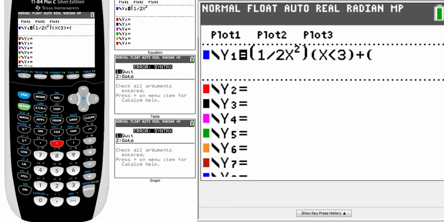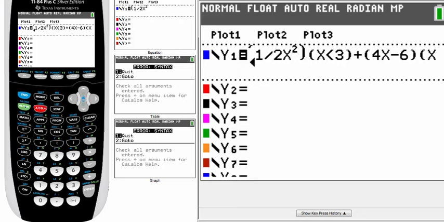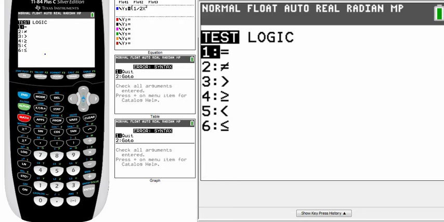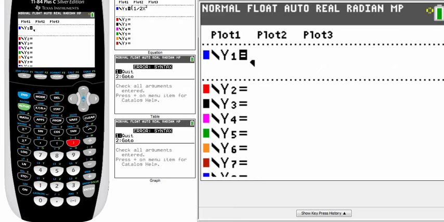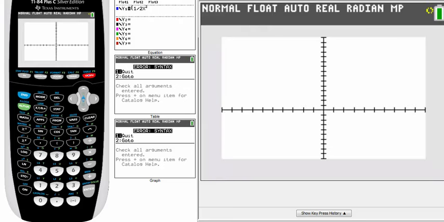Plus the other piece of my piecewise function was 4x minus 6, and of course that will be in parentheses, close parenthesis. Then I have x greater than or equal to 3. So x, second test, greater than or equal to is case 4, 3, and then of course we can graph.